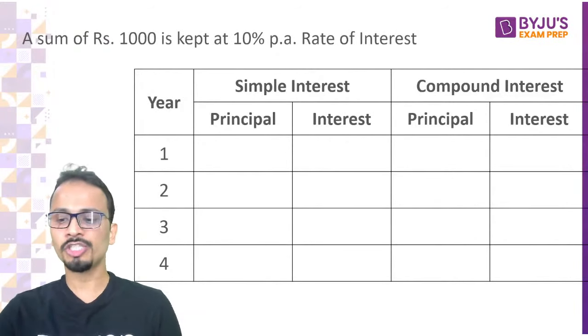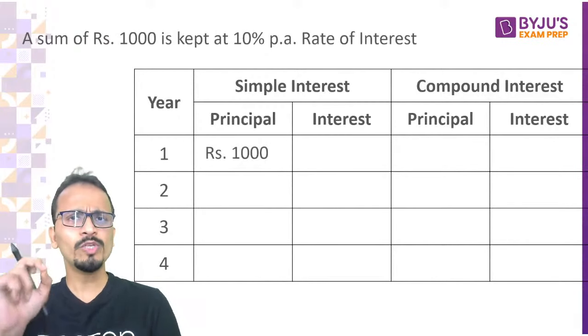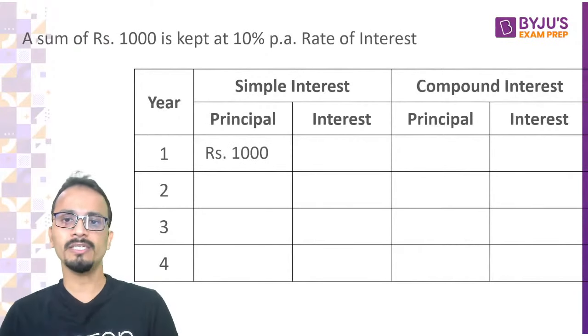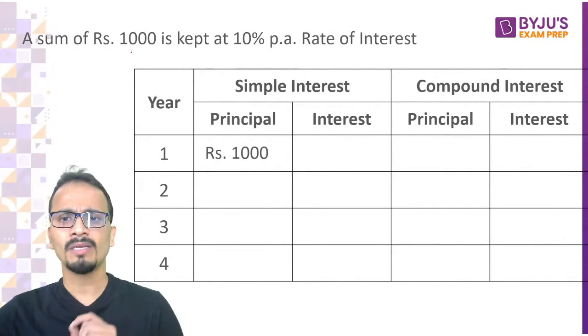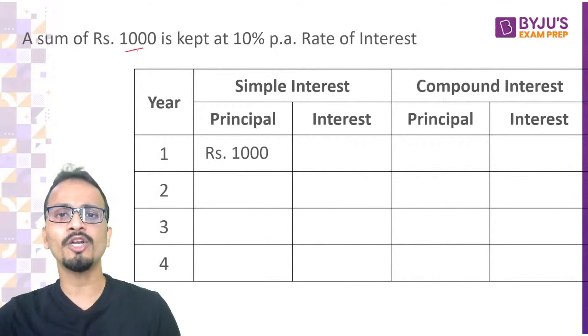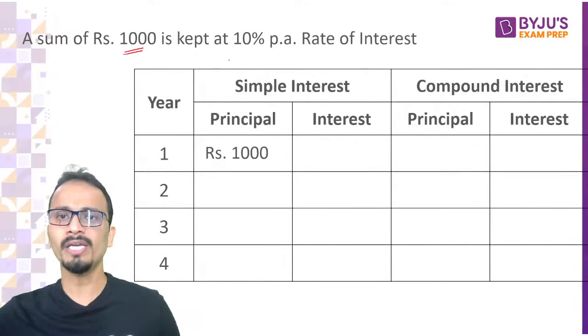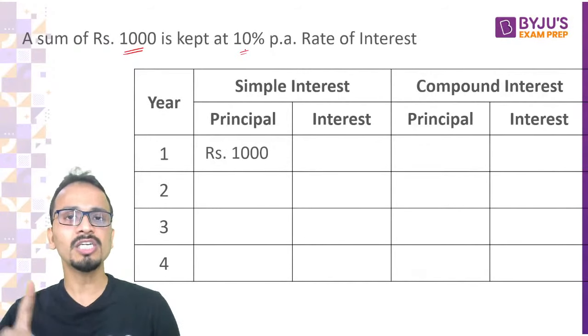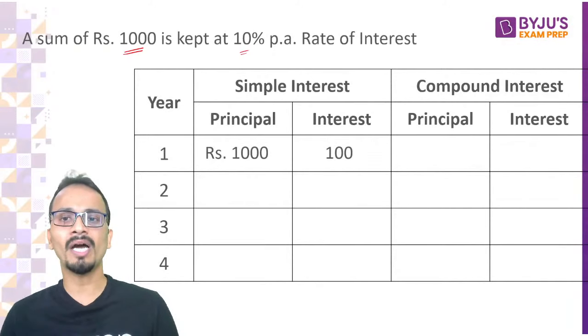In this illustration, the principal that we have is 1000, which will remain same for all the years. So in every year, interest will be calculated on this 1000 rupees, nothing else. The rate of interest is 10%, so interest in the first year will be equal to 10% of 1000, that is 100 rupees.